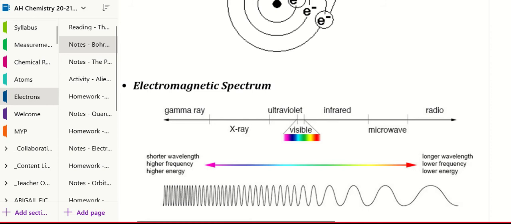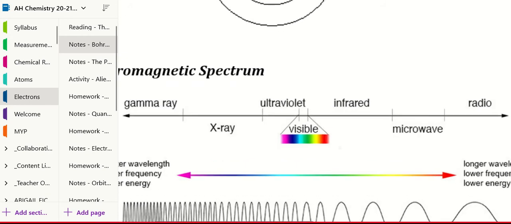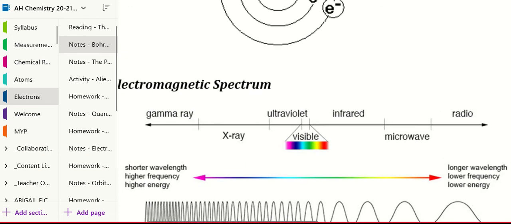So light that we perceive as lighting up rooms or lights that have color to them are what we call visible light. But if you'll look at the electromagnetic spectrum, visible light is only one part of a very big set, that's probably not the best word, of different forms of light energy.